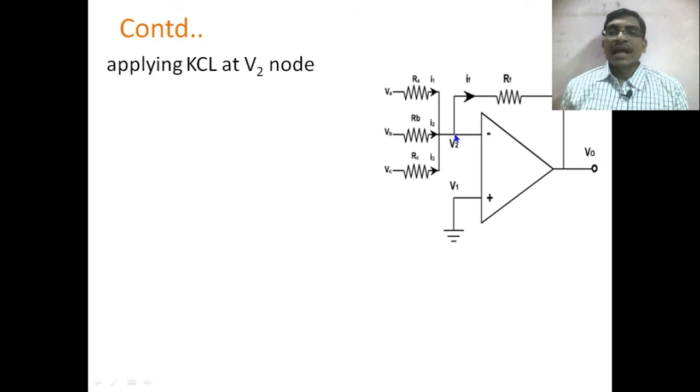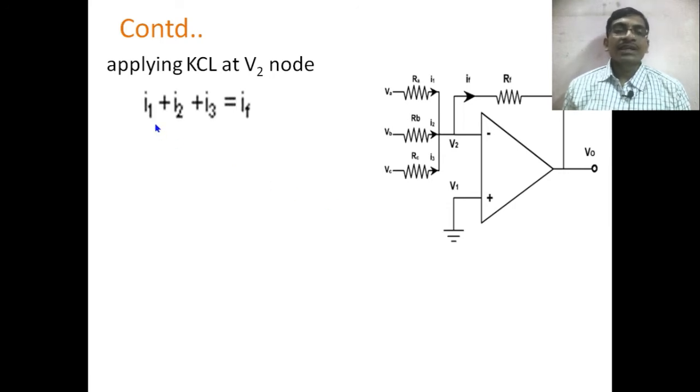Applying KCL at the node V2. So we are going to apply KCL at the node V2 in order to derive the output voltage. At the node V2, the incoming currents are I1, I2, I3, and the outgoing currents are IF and IB2, which is going into the operational amplifier, but IB2 is equal to 0 because of the very high input impedance of our operational amplifier.